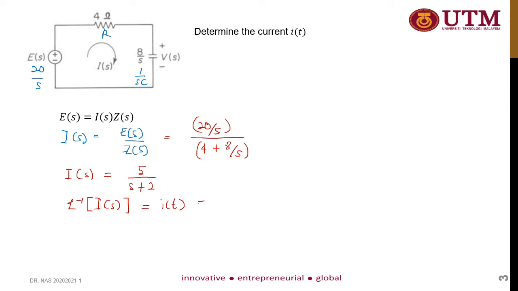In this case, i(t) equal to 5 exponential of minus 2t. Make sure you refer to the Laplace transform pairs or Laplace transform table in order to convert the time domain function into S domain, and lastly to reconvert the S domain function into time domain function back.